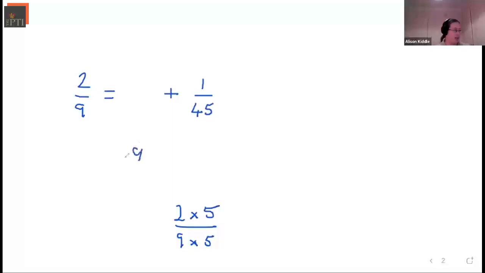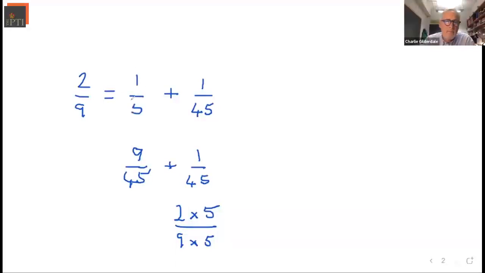So on this line, I'll have 9 over 45 plus 1 over 45. But then 9 over 45 working backwards is the same as 1/5. Yes. So I think that 1/5 plus 1 over 45 equals 2/9. Okay.